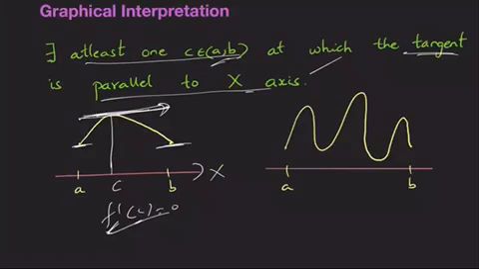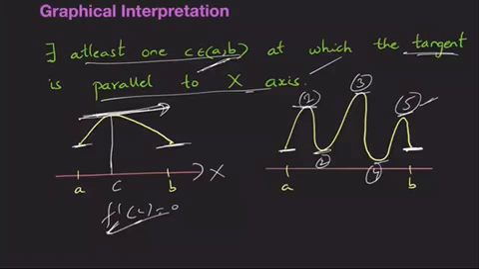So it can also be said that there exists at least one point at which the tangent is parallel to the x-axis. Now if you look at this graph, here also the value of the function at a and b are equal, and you can see there are 1, 2, 3, 4 and 5 points.